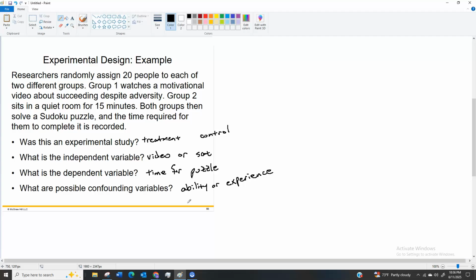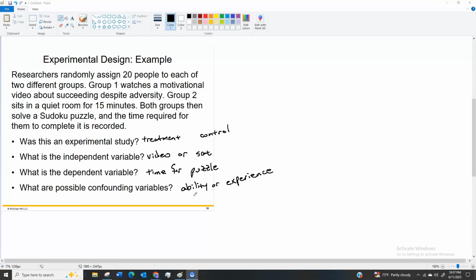You could even have some people in the treatment group. Did they actually watch, or did they just kind of space off during the video? Did you, in the quiet room, was the group together?